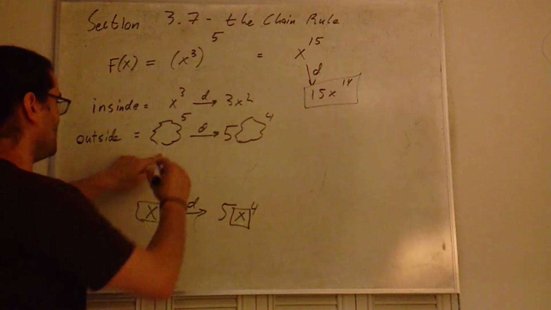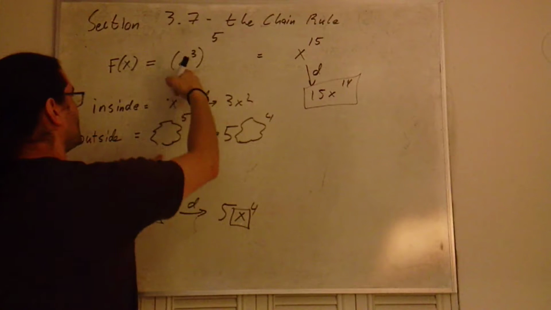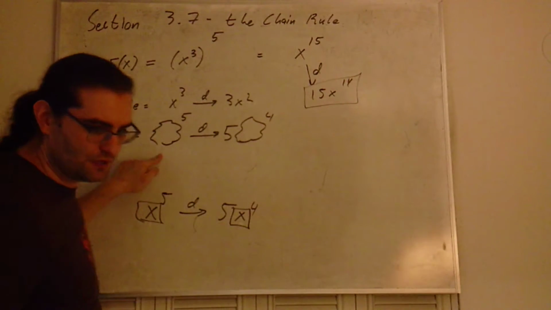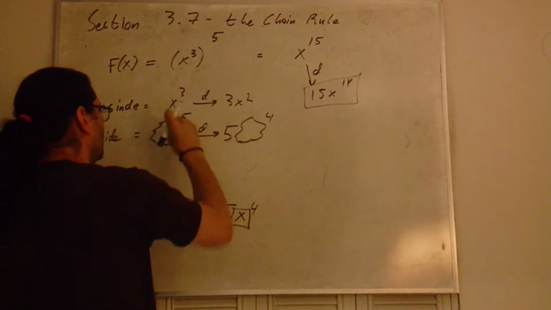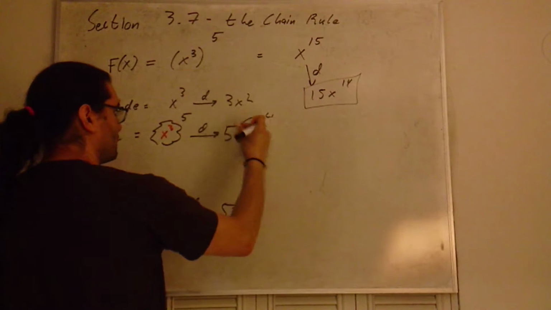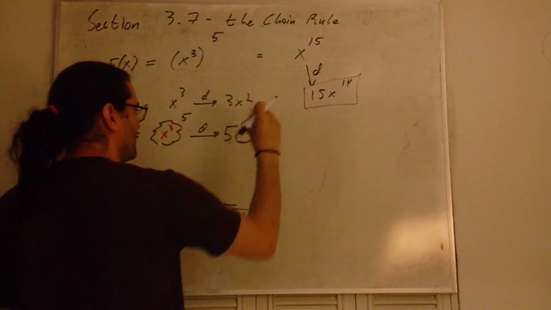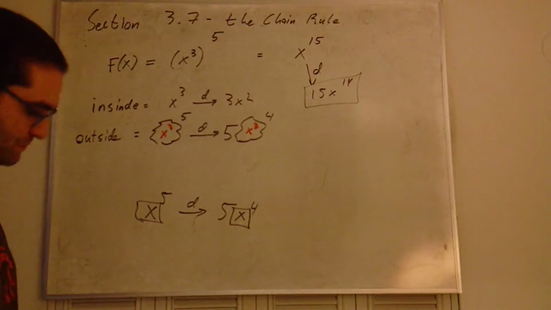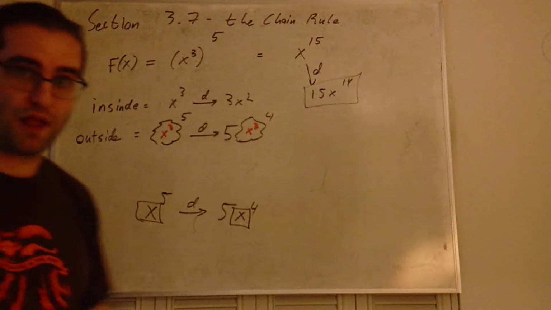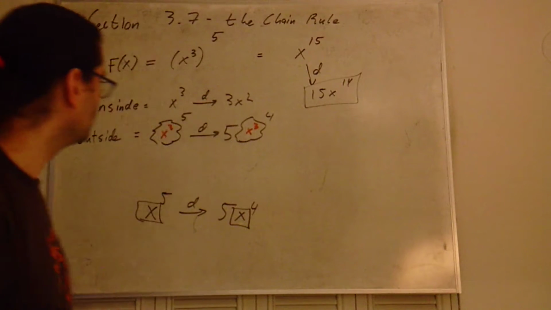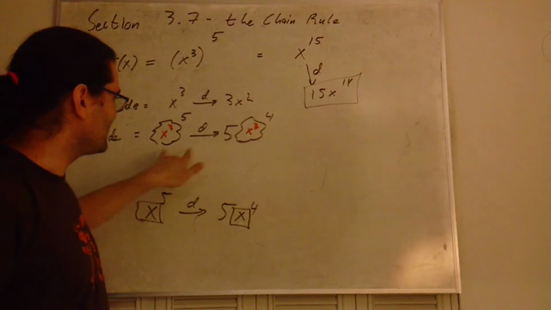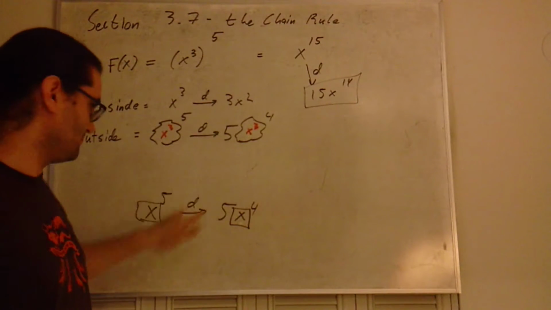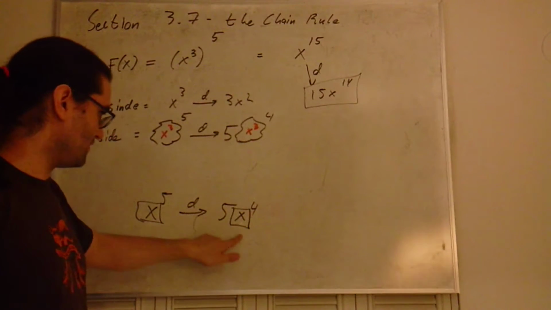So this blob here, when we started, this blob was an x cubed. So whatever we end up with, this ought to be an x cubed. The blob never changes. Blob to the fifth, derivative is 5 blobs to the fourth. It's got to be the same blob. But that doesn't change when you take a derivative.